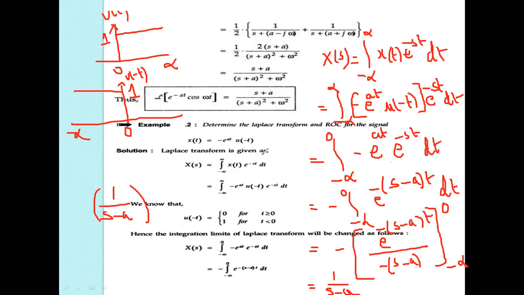But what is the ROC here? The ROC is very important, the region of convergence, whenever it is multiplied with mu of minus t. For mu of t also, you get the same thing without any minus here: e power at mu of t, you can find the Laplace transformation, we'll get 1 by s minus a only. But here with mu of minus t, the ROC is s minus a less than 0.